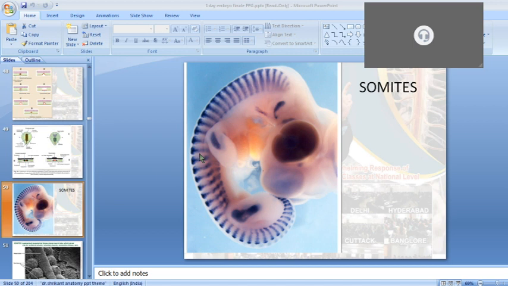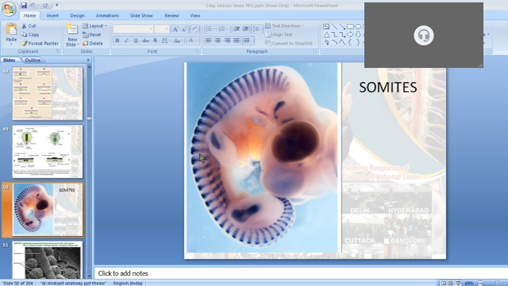Suppose this is the tube. When you are cutting a section, you are looking at it in a rounded way, but when you are looking from the front side, you see a cylindrical structure. As you can see in this image, this is the tube-like structure, the neural tube, surrounded by the segmented structures known as somites. A few other images you can see.